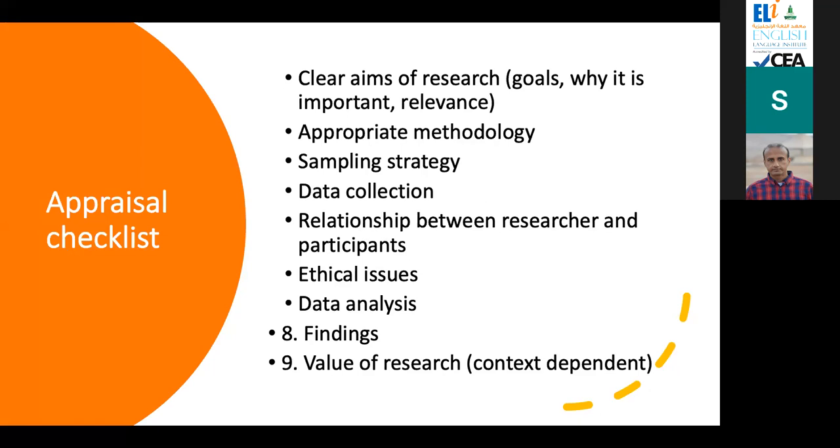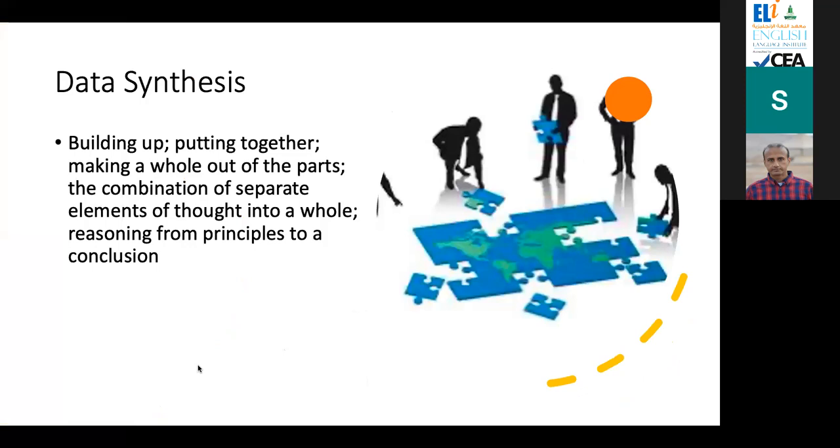In that case, the nature of the research is not the same as if somebody who is an outsider comes and gains access to the data. So this is very important. We should also establish the ethical issues, data analysis, and findings. All these are basically the checklist for those particular studies.